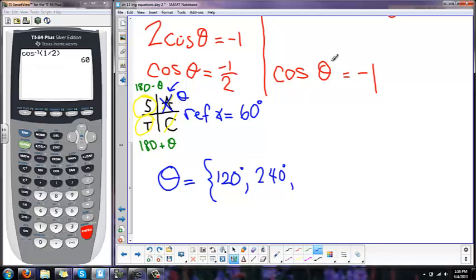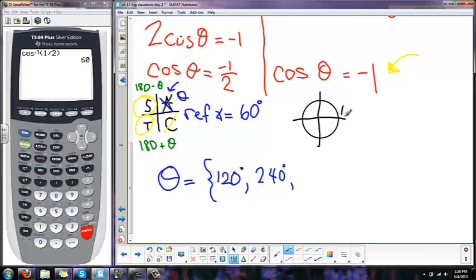Now, when I'm looking at my second answer, cosine theta is equal to a negative 1. Whenever you have an answer that's positive 1, negative 1, or 0, which we do, you're going to take a look at the unit circle, because all those values are on the unit circle already. Cosine is the x value.